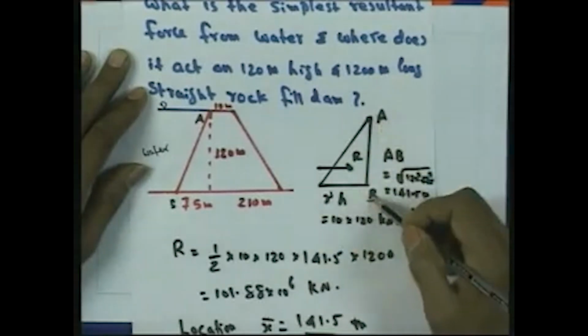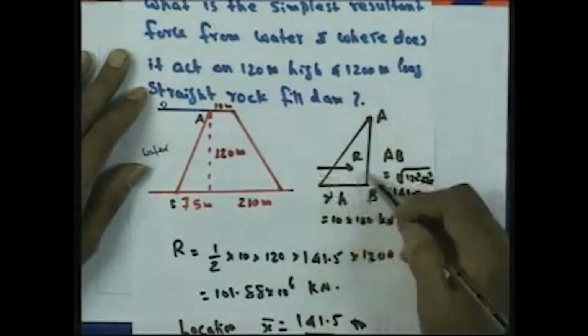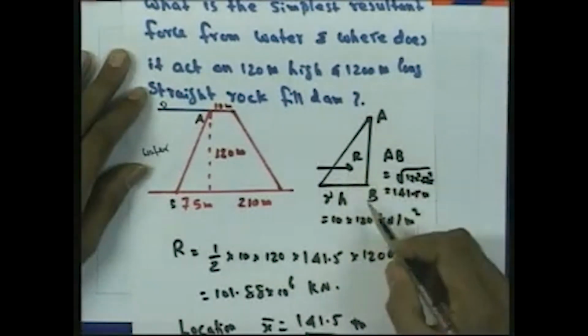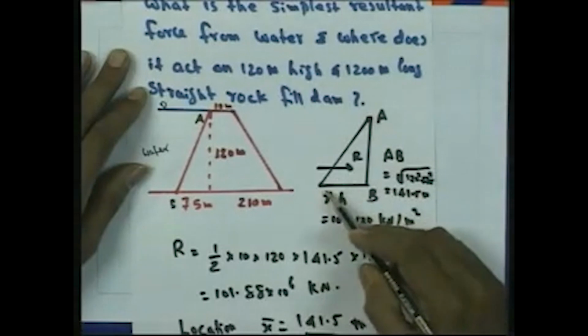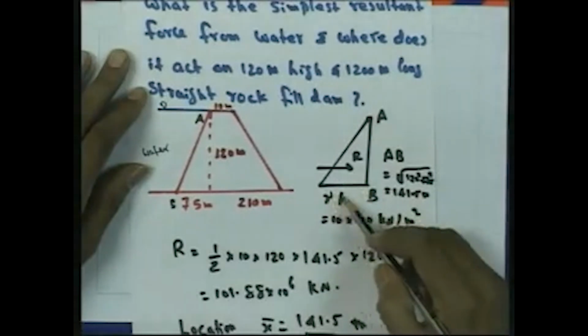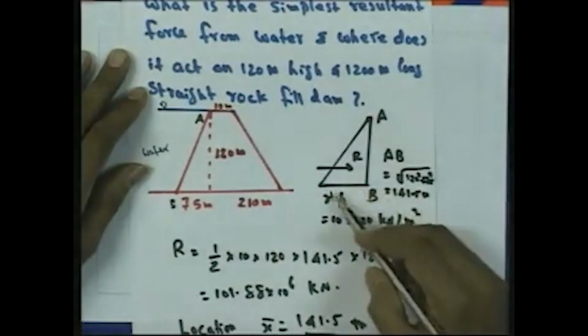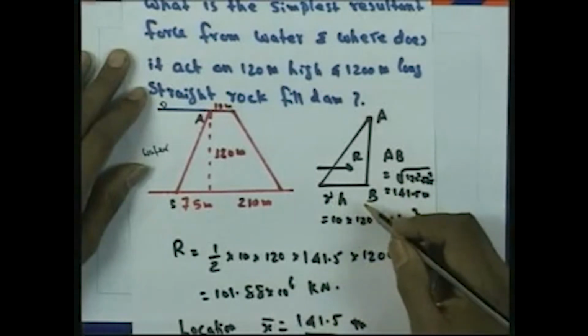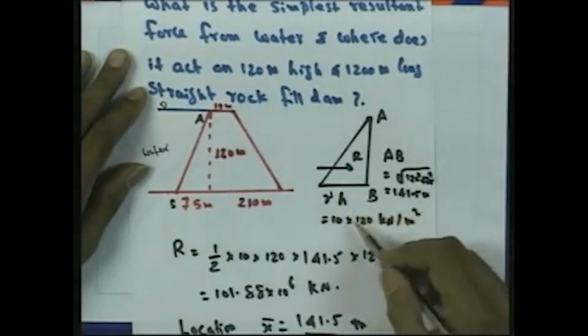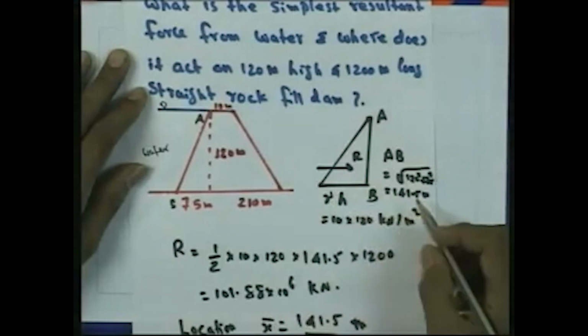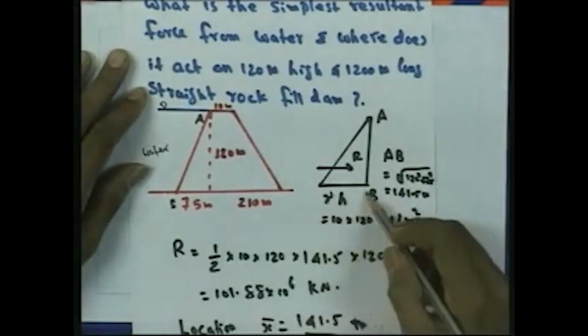On this AB the resultant force will be acting like this, R, and at the base the pressure will be gamma into H. If you take gamma as 10 kilonewton per meter cube, that will be 10 into 120 kilonewton per meter square at the base.